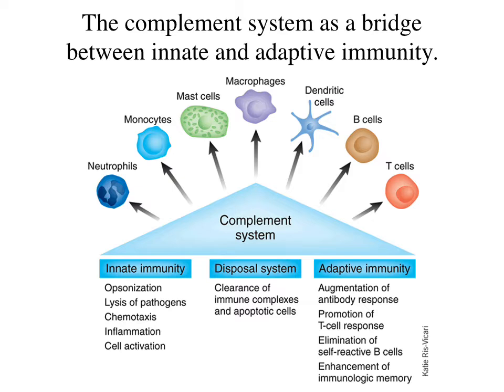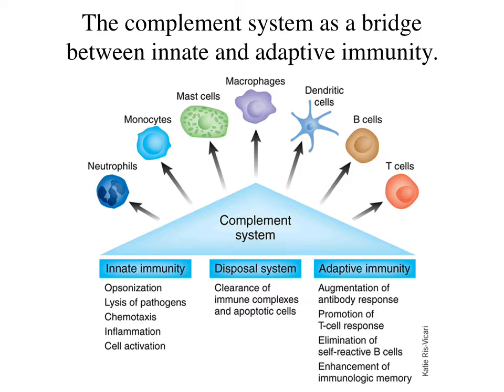Although the complement system has traditionally been considered part of the innate immune system, research in recent decades has revealed that complement is able to activate cells involved in both the adaptive and the innate immune system. Complement triggers and modulates a variety of immune activities and acts as a linker between the two branches of the immune response.